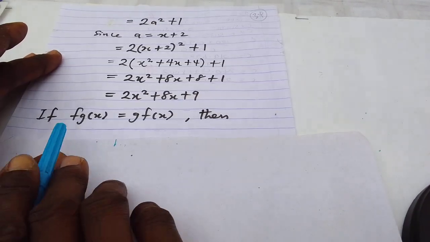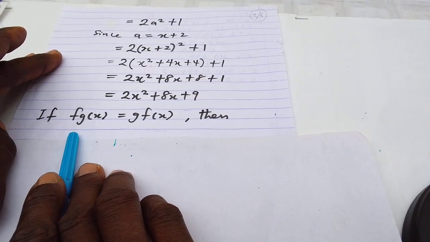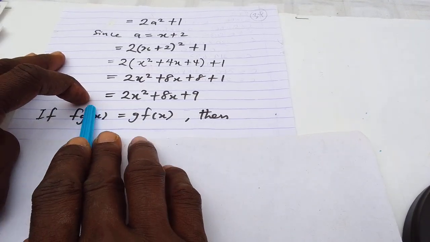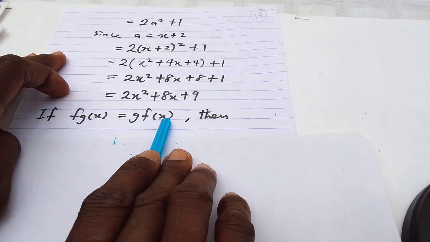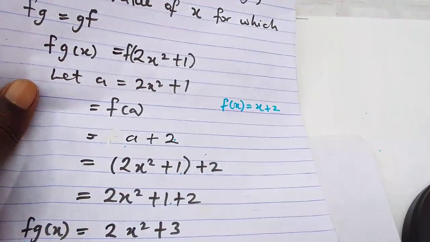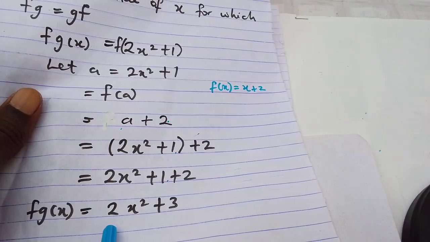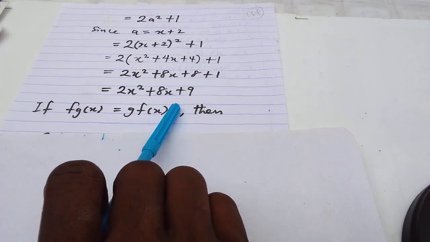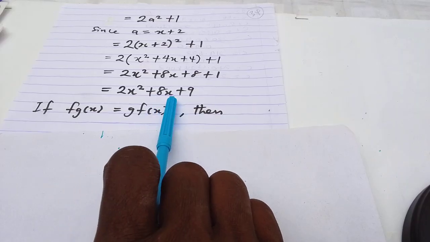From the question, it says what is the value of x for which this composite mapping is equal to this composite mapping? So we have been able to get that of fg to be 2x squared plus 3, and that of gf to be 2x squared plus 8x plus 9.